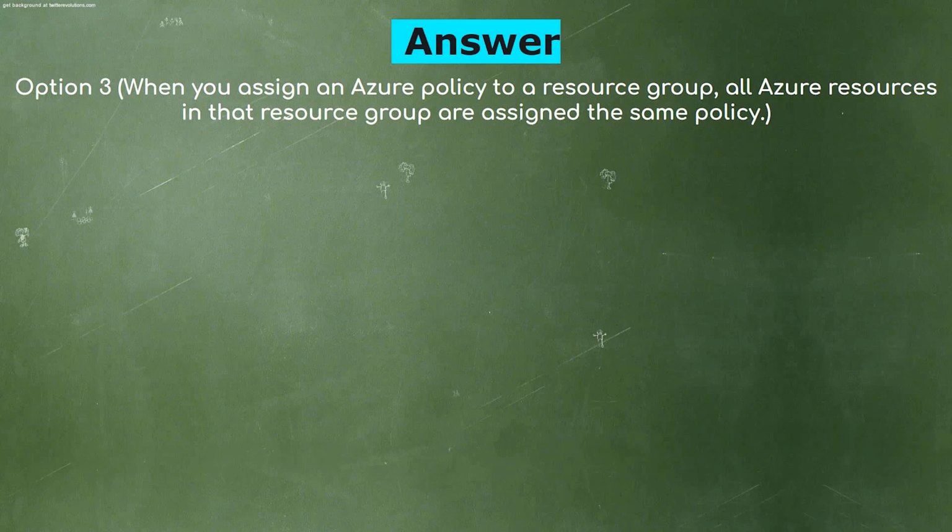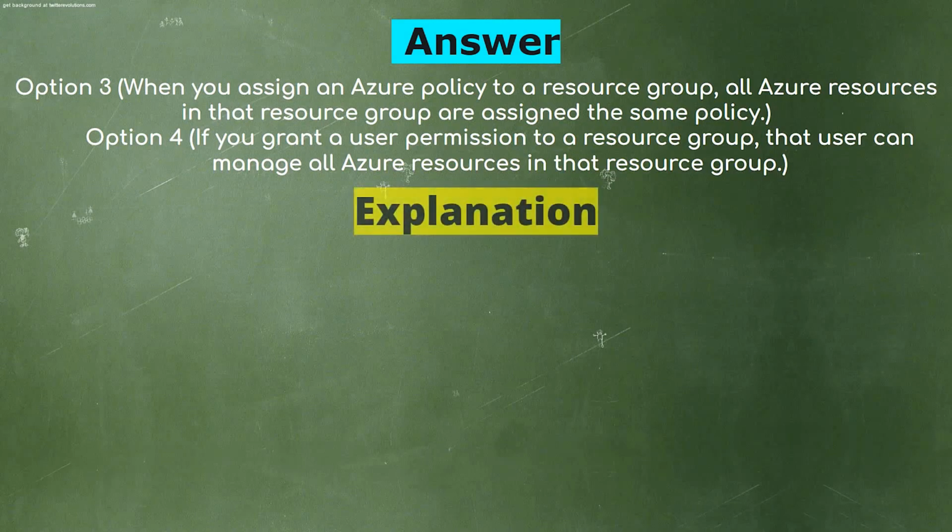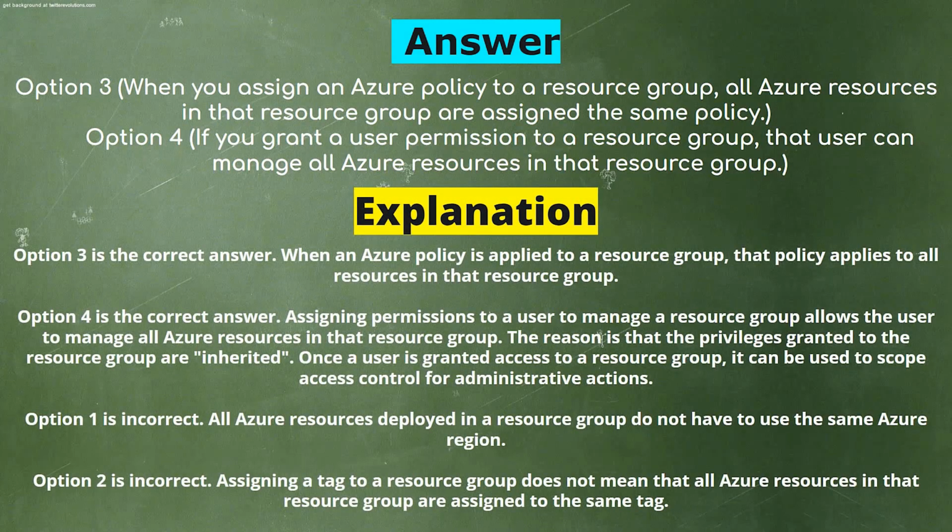When you assign an Azure policy to a resource group, all Azure resources in that resource group are assigned the same policy. And option 4. If you grant a user permission to a resource group, that user can manage all Azure resources in that resource group. Explanation. Option 3 is the correct answer.